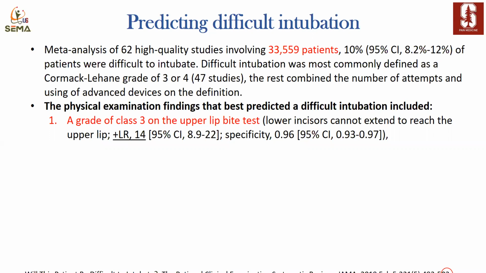And then in the same context, we have here specificity. So specificity is the true negative rate. It measures the proportion of actual negatives that are correctly identified as such, while sensitivity, on the other hand, is the true positive rate.